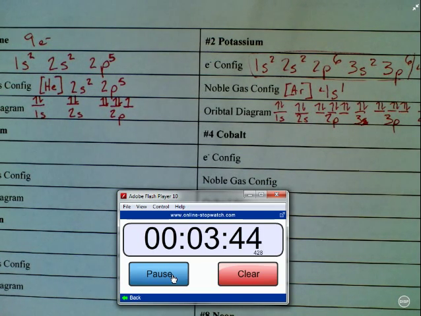We're just going to have all the threes before the fours. And so what you can do is write it out in order of how they actually build. And then I'll have to go back. But see how 4s is actually lower than 3d? That means you build it first. That's what this is trying to show you.